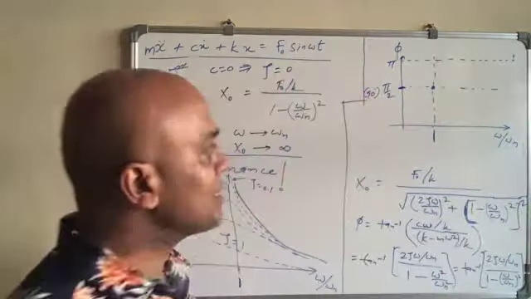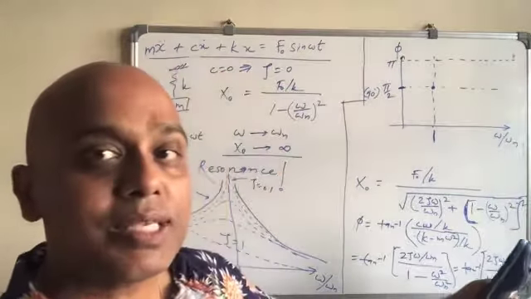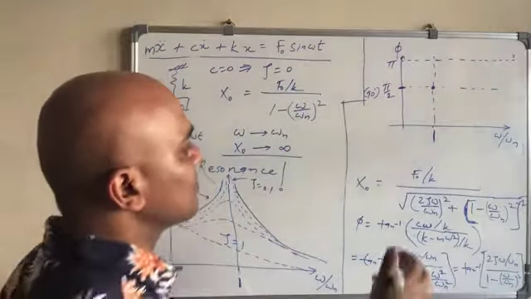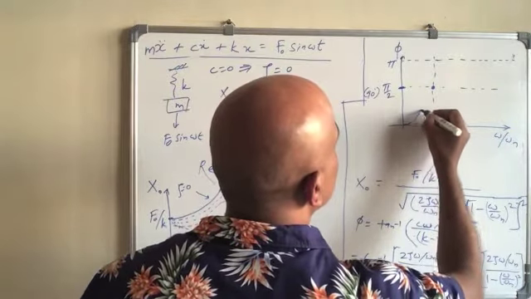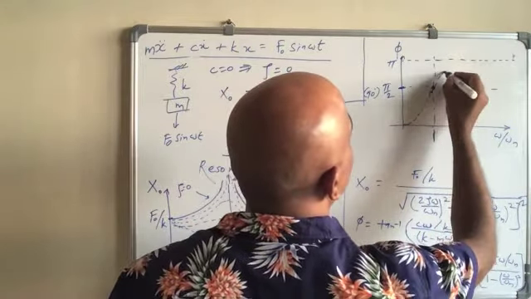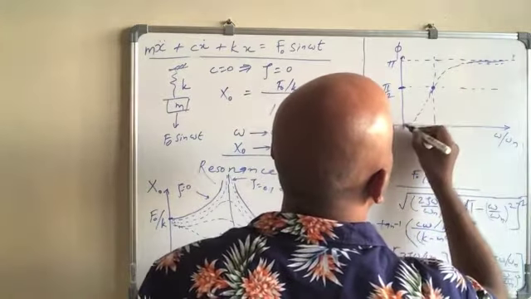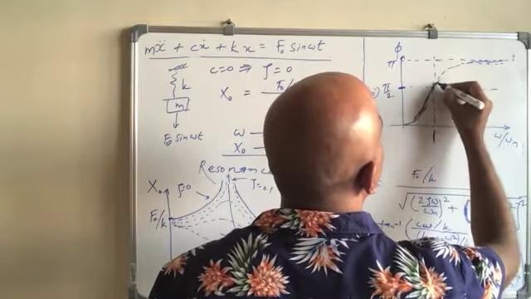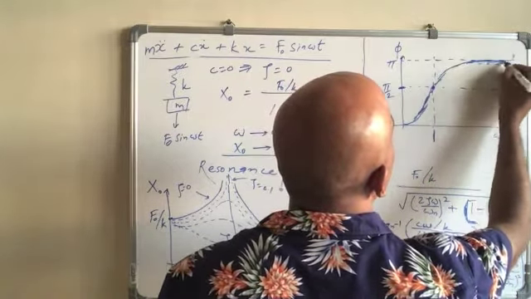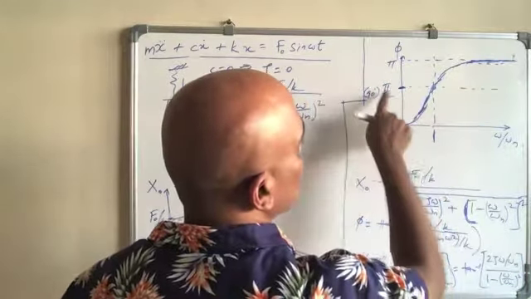So how will it start? It will go like this and go like this. A typical curve for different values will look like that. It will pass through pi over 2.